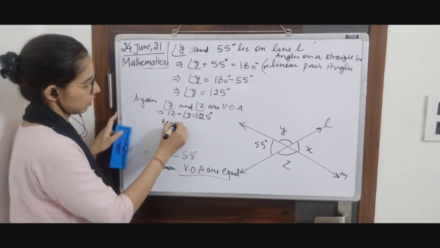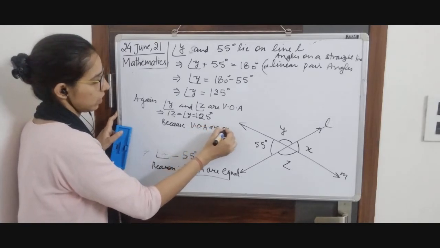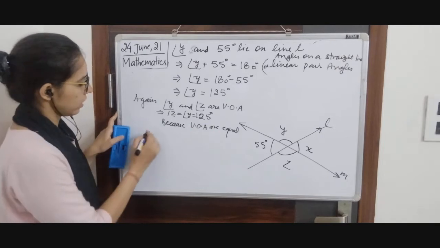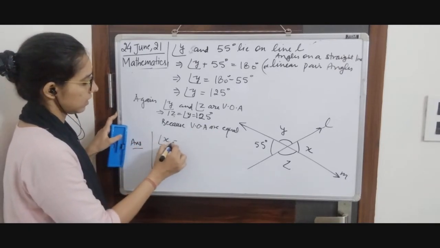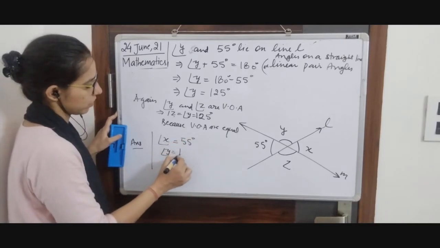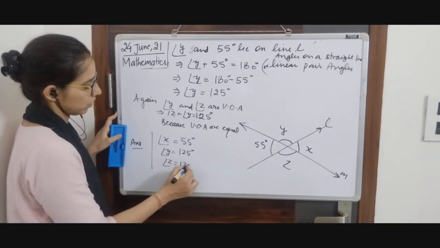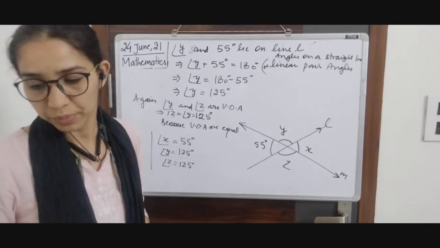Now we have all the three values. Your answer is angle X is 55, angle Y is 125, angle Z is equal to 125. This is your answer for part 1, question number 12.